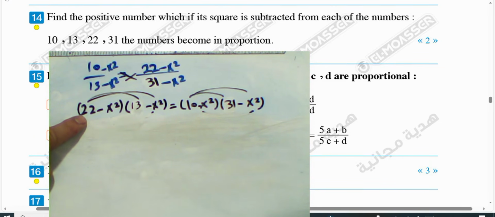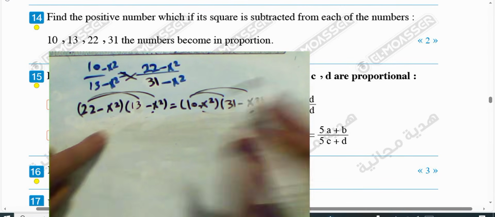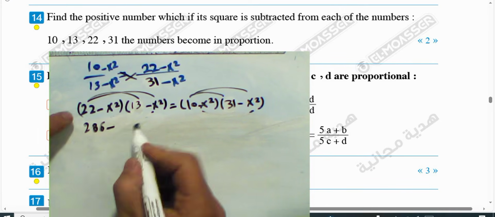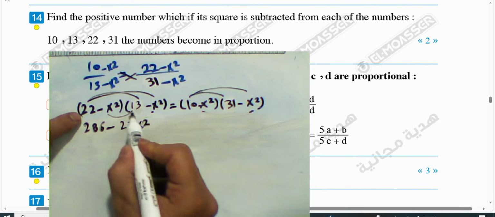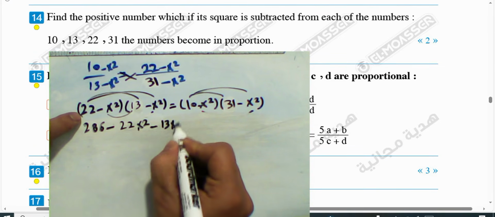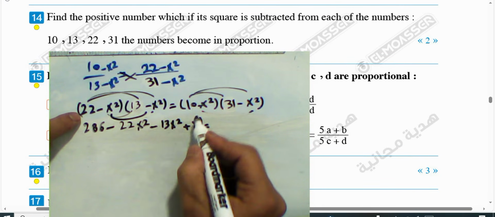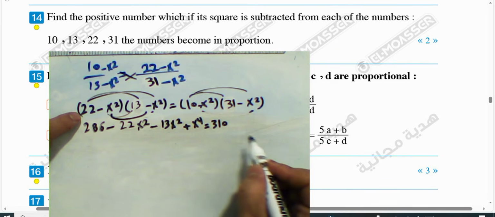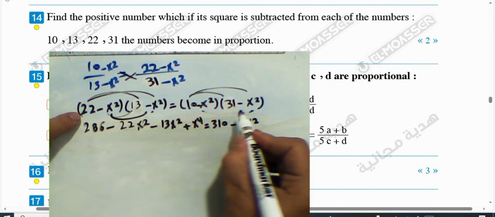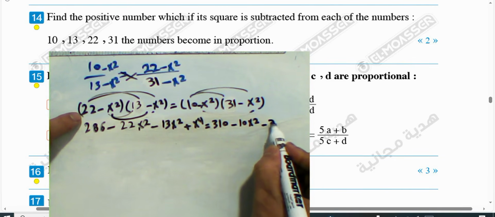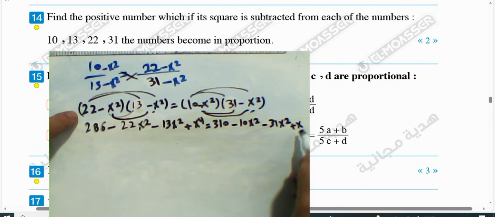First I will multiply 22 by 31 equals 682... Then 22 times negative x squared is negative 22x squared, negative x squared times 31 is negative 31x squared, and negative times negative gives positive x to the power 4. 10 times 13 is 130, 10 times negative x squared is negative 10x squared, negative x squared times 13 is negative 13x squared, and negative times negative is positive x to the power 4.